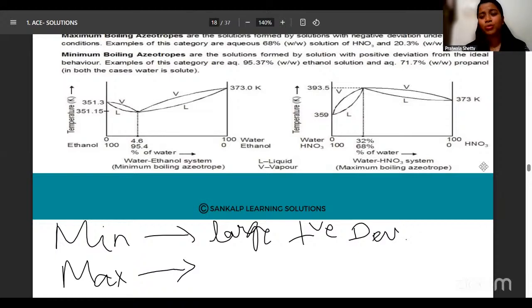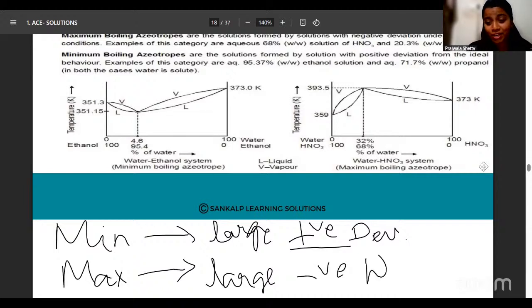This is what you have to define in your exam. And what is maximum? Maximum boiling azeotropes show the opposite, large negative deviation from Raoult's law at constant temperature.